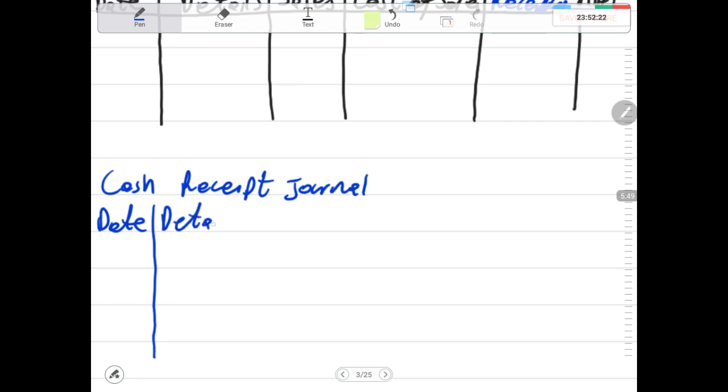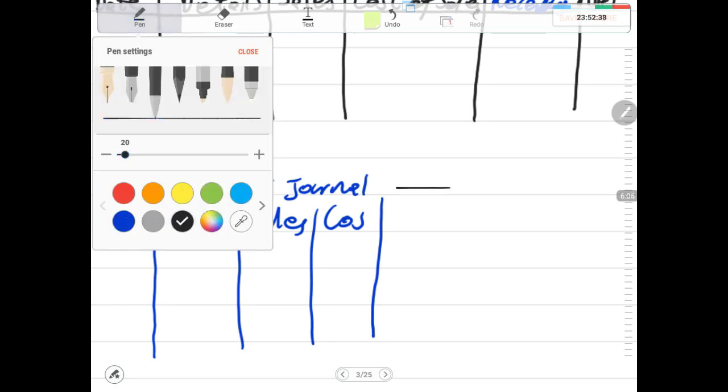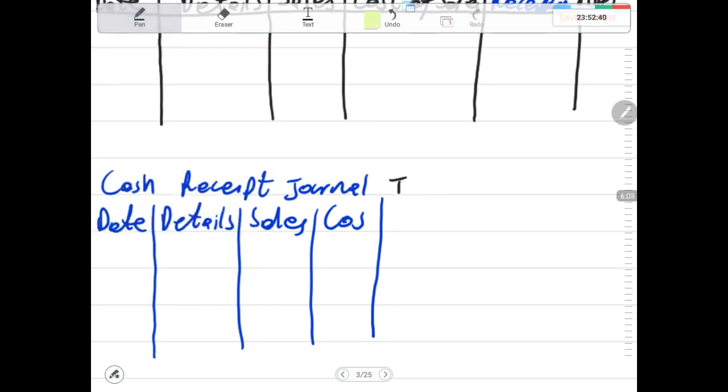Then we'll have again details, then we will have sales, then we'll have cost of sales, then after, we'll have a column called trade receivables.